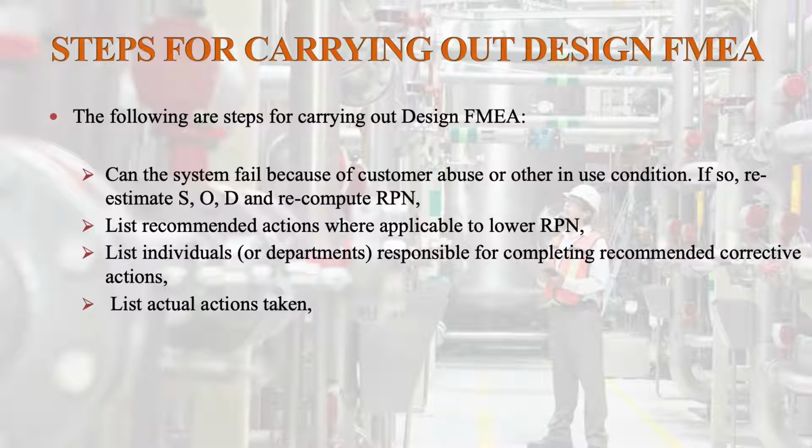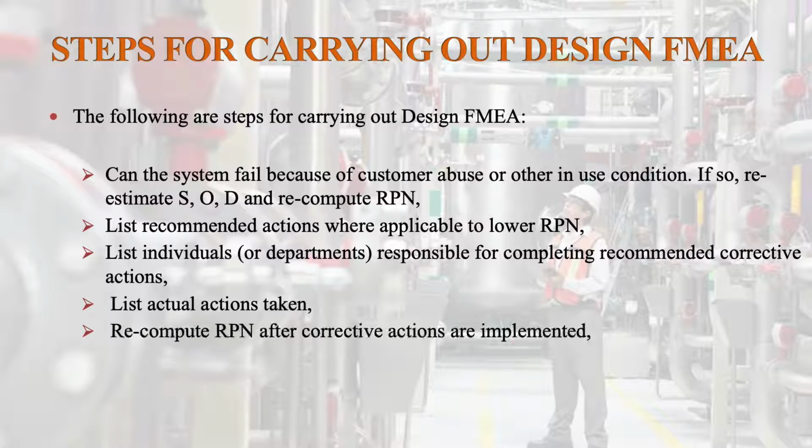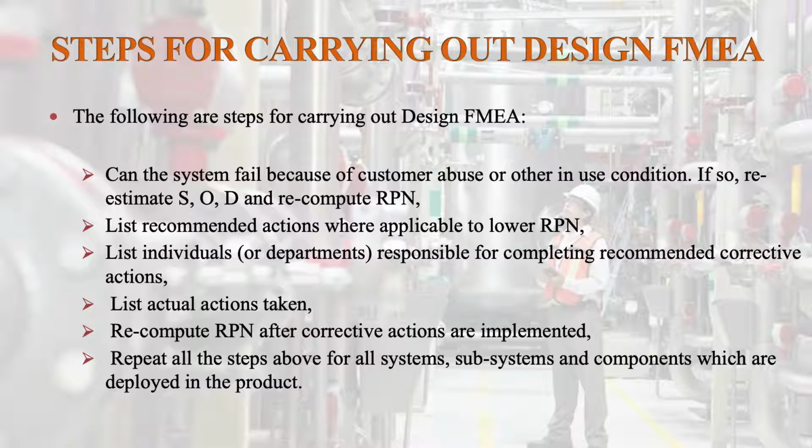List actual actions taken, recompute RPN after corrective actions are implemented, repeat all the steps above for all systems, subsystems and components which are deployed in the product. So these are the various steps for carrying out design FMEA.